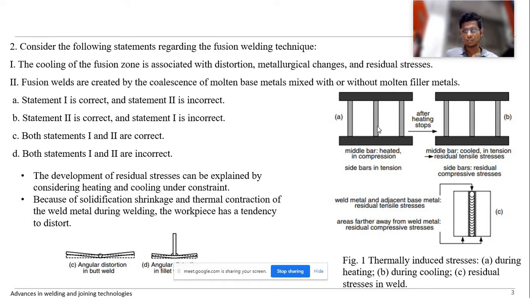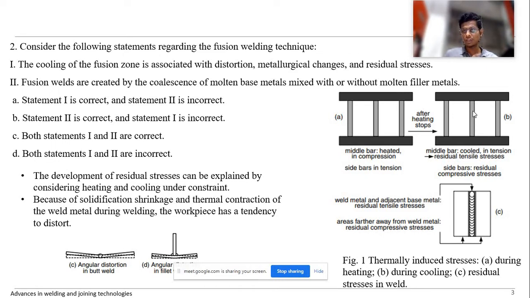Here, initially these three bars will be at room temperature. I will be heating the middle bar, so the temperature will be increasing. Once after a certain point of heating, I will allow it to cool to ambient temperature. During cooling, tensile stresses will be generated because the side bars won't allow it to contract.